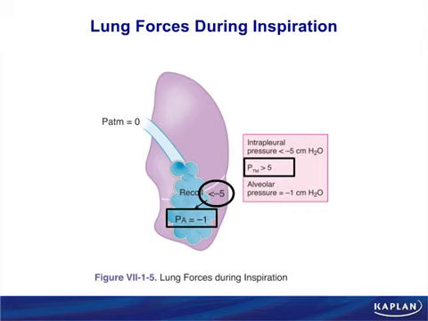Now we have a pressure gradient. Air will flow in. And that's how we get air in. And that's why this is called negative pressure breathing, because you're making alveolar pressure subatmospheric or negative. So that's how we bring air into the lungs. And again, we're just applying our basic concepts. We're working with the idea of the recoil forces and the transmural pressure gradient.